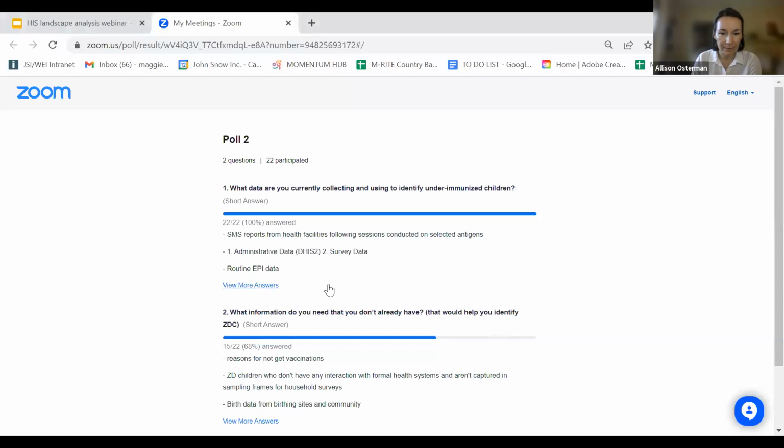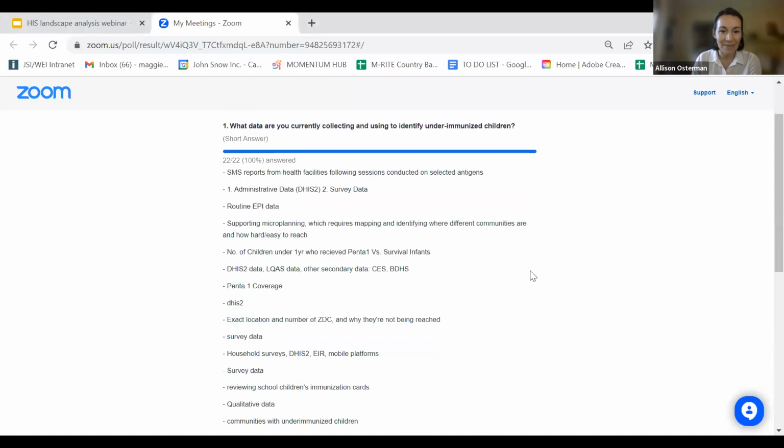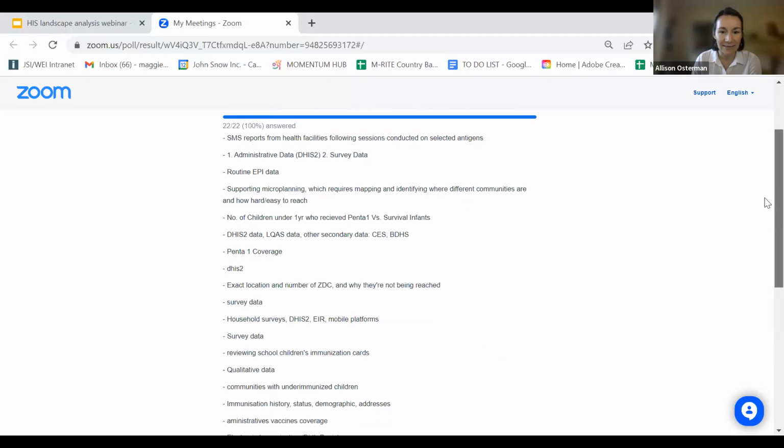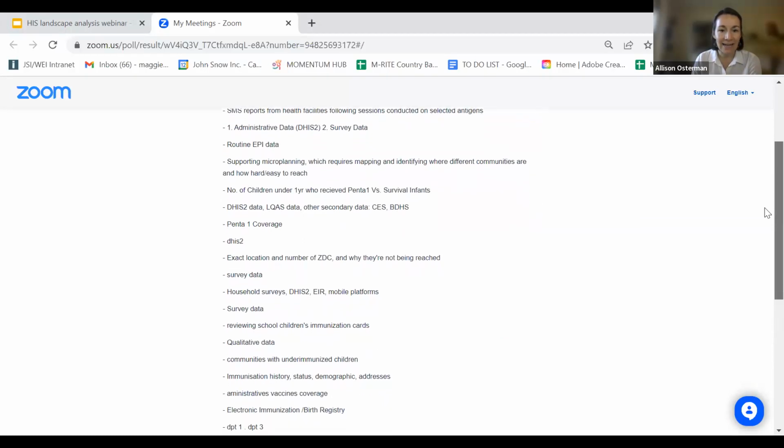Great. Looks like there are more answers. Okay, yeah, lots of different kinds of data that's being collected. LQAS data, other secondary data sources, coverage data, survey, household survey data, great. Qualitative data, communities with under-immunized children. Okay, wonderful.